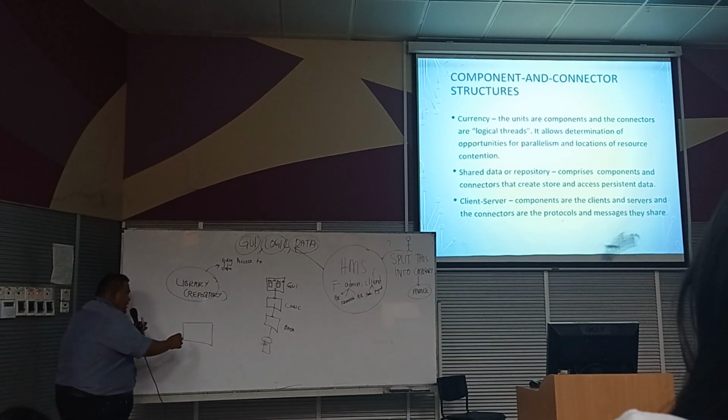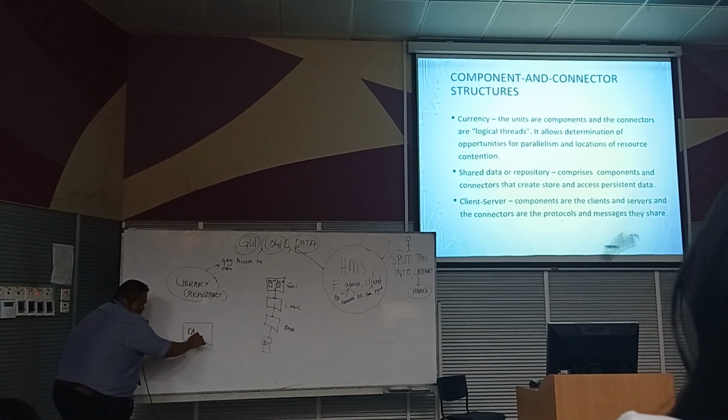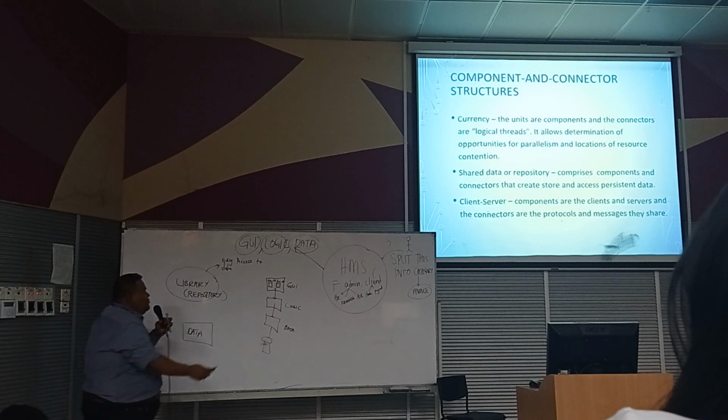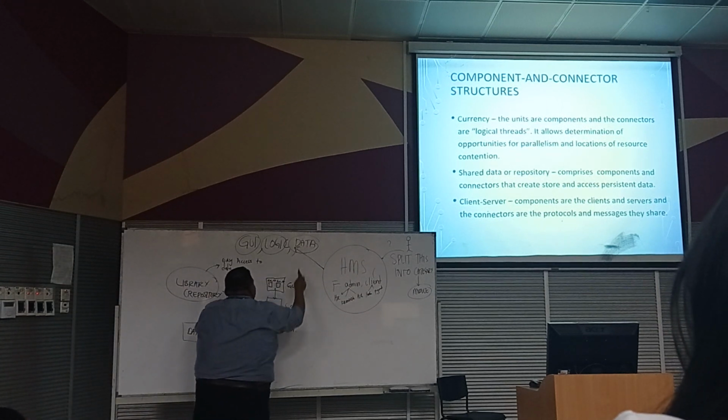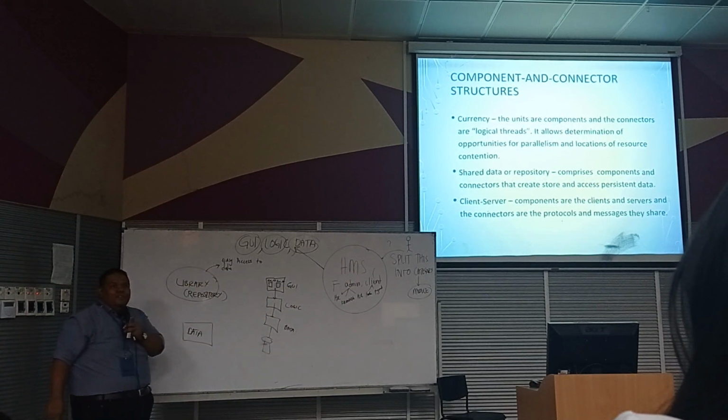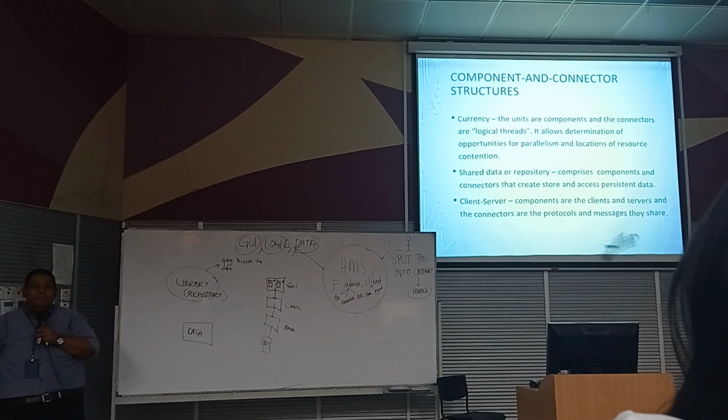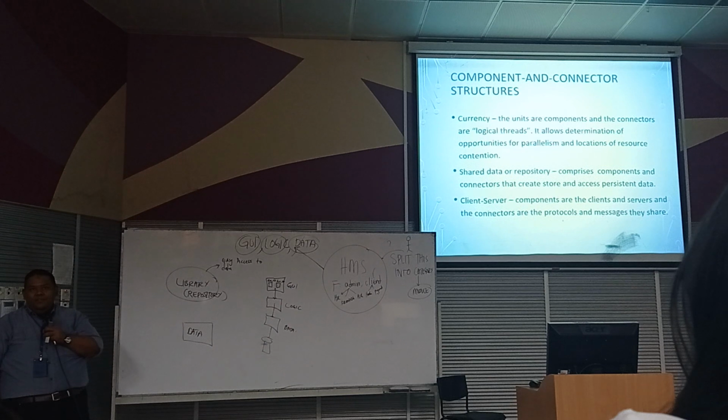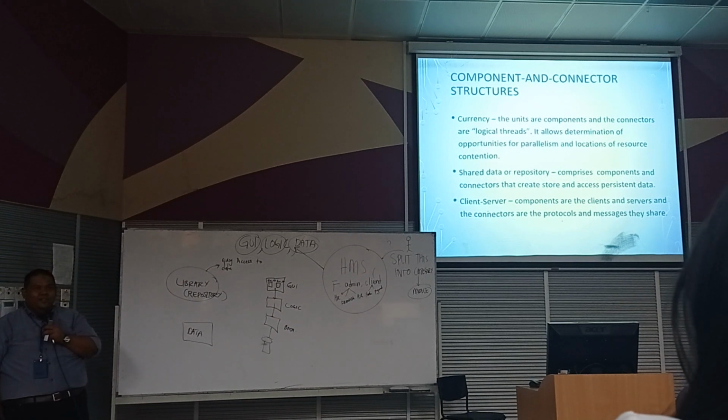So the first category is data. Same here. Data. Then what? Then what? Logic. How many groups of logic do you want to create?